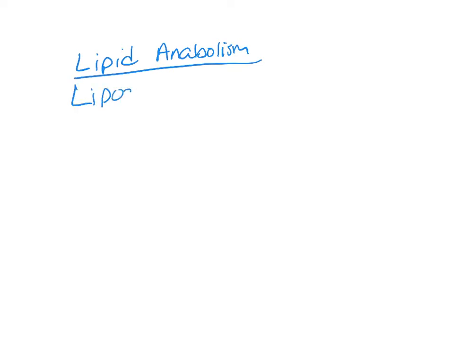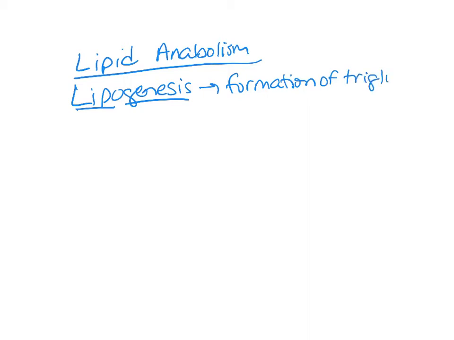Okay, let's talk a little bit about lipid anabolism. Lipogenesis, the formation of lipids. This is the formation of lipids or the formation of triglycerides. Triglycerides are stored in adipose tissue.